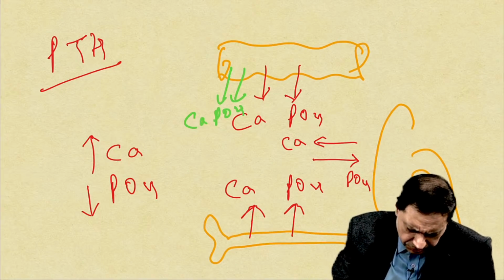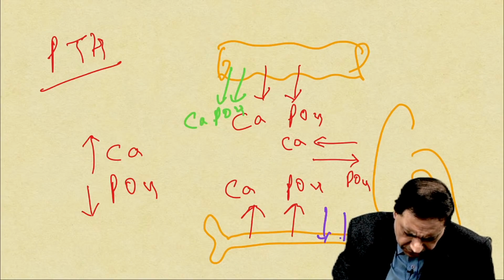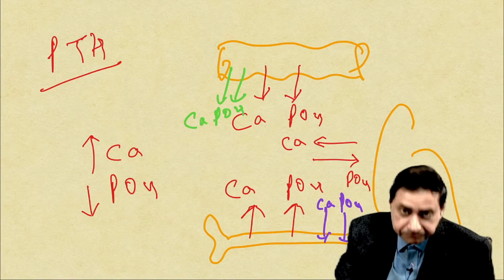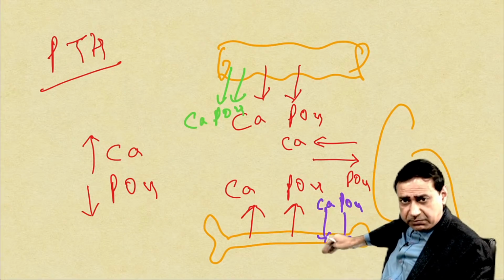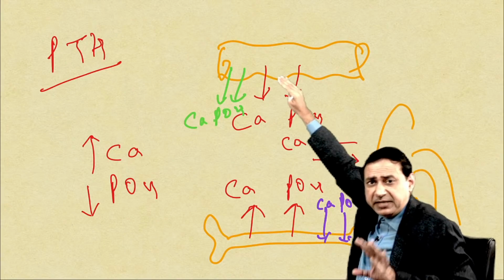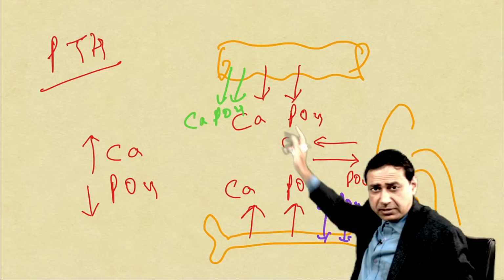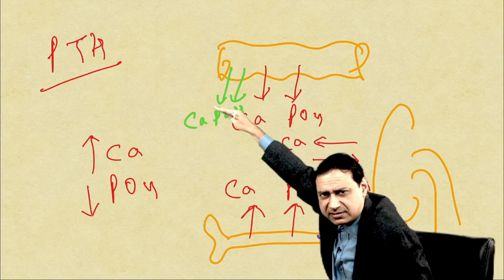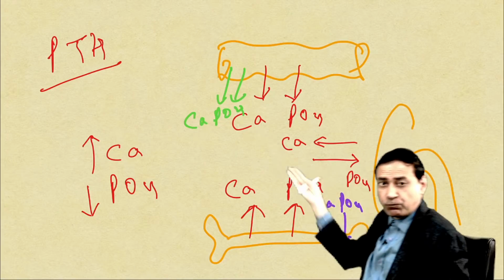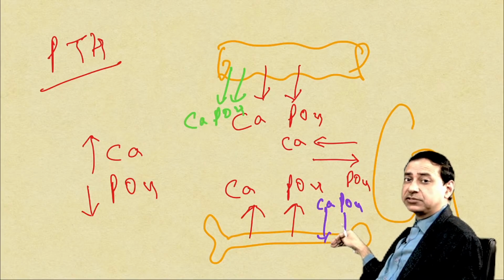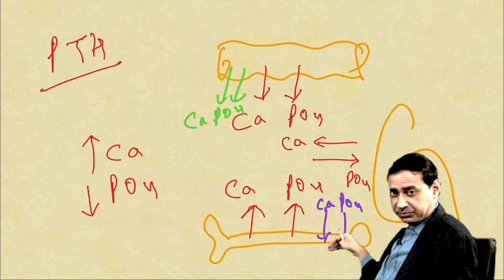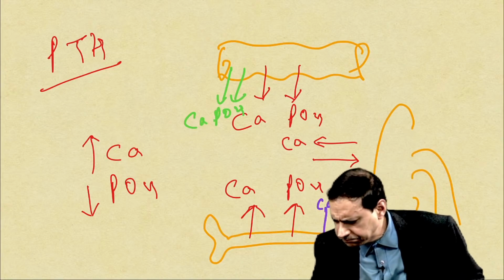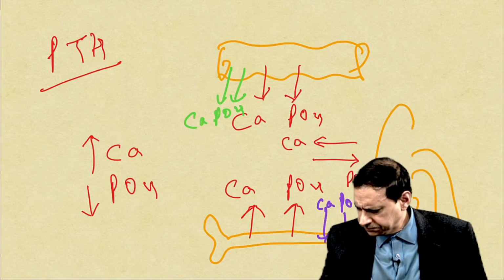And calcitonin will deposit calcium and phosphate here. This is calcitonin. Calcitonin mainly bones, vitamin D mainly intestine, PTH all three. So this green color is vitamin D. This is calcitonin, purple color. And red color is PTH. Okay?